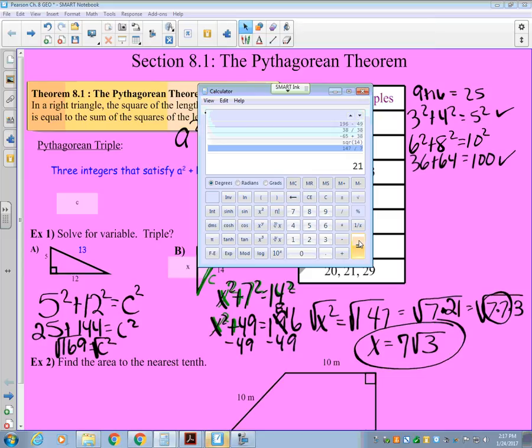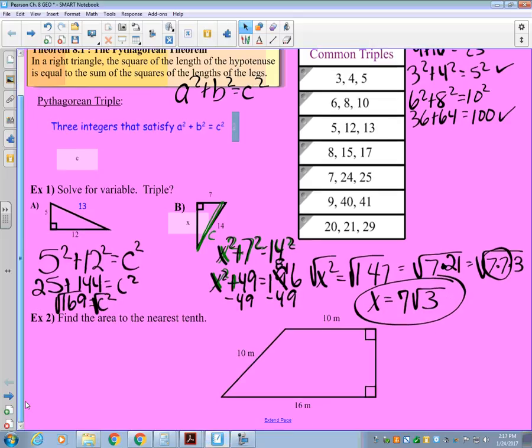Okay, the next example I have this shape right here. I'm going to split it into a right triangle and a rectangle. When I do that, this little piece becomes, it used to be 16, but 10 of it is taken here, so that leaves 6 of it to go there.